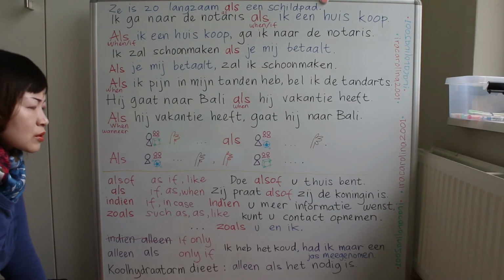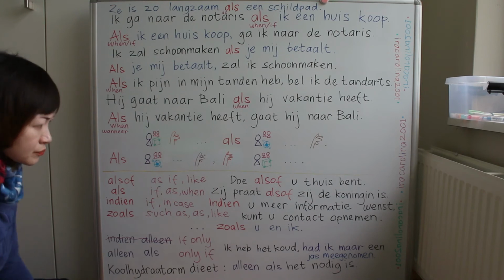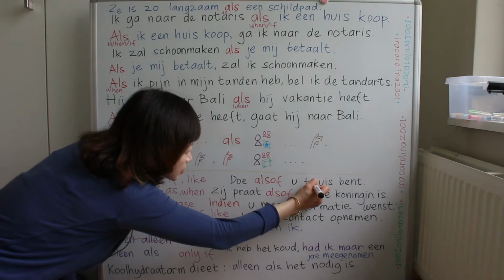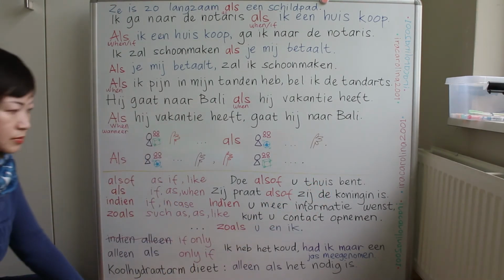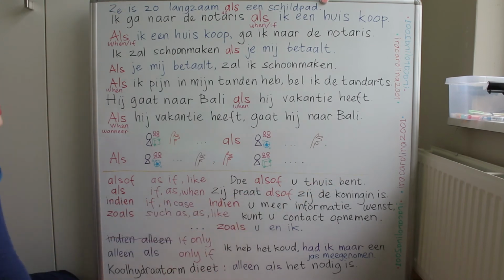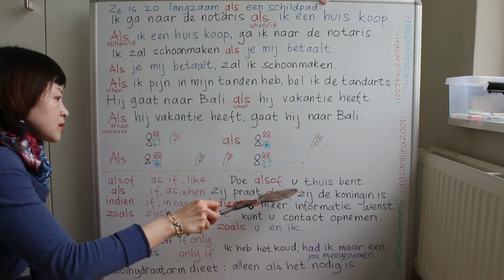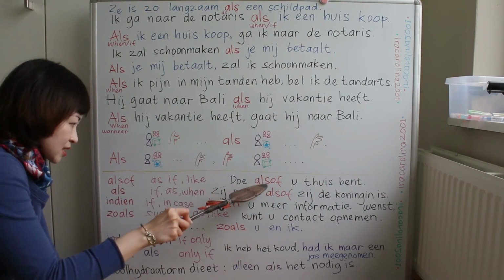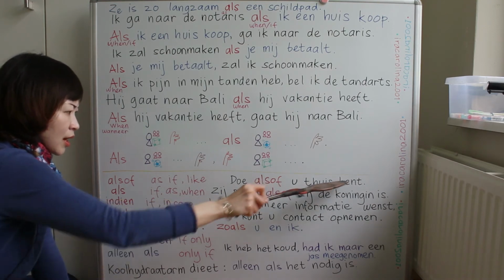House is house or home, but thuis is at home. If you think it's separate, the T with the H is not separate, it's one word. Thuis. Doe alsof u thuis bent. Do as if or like you are at home.